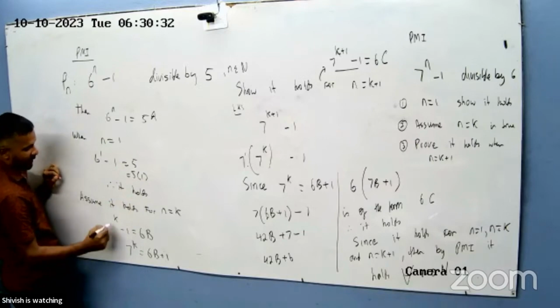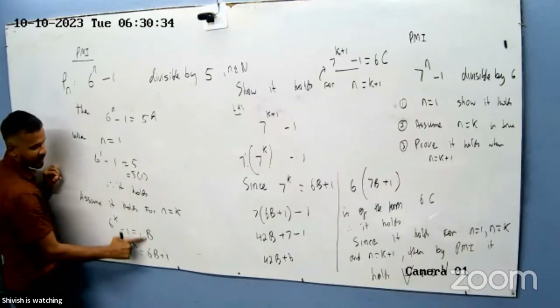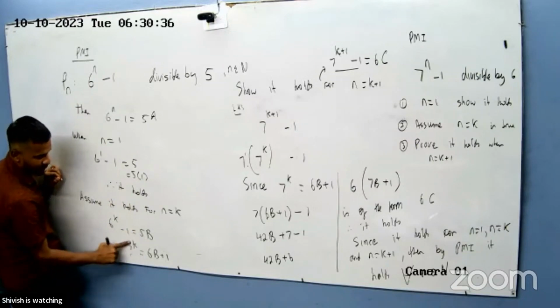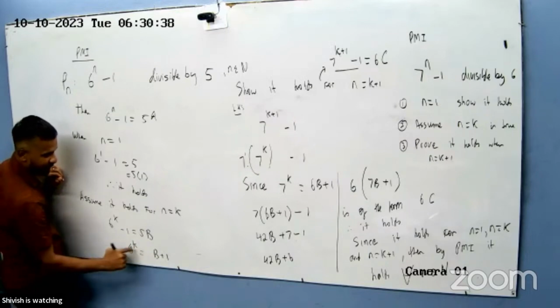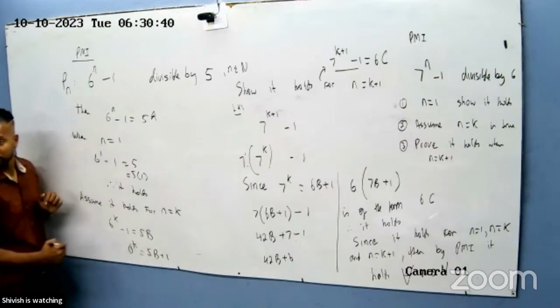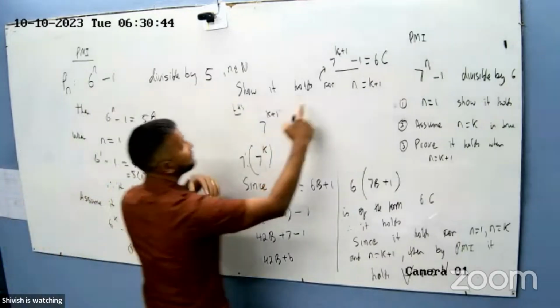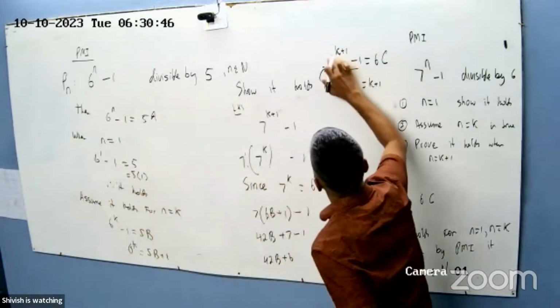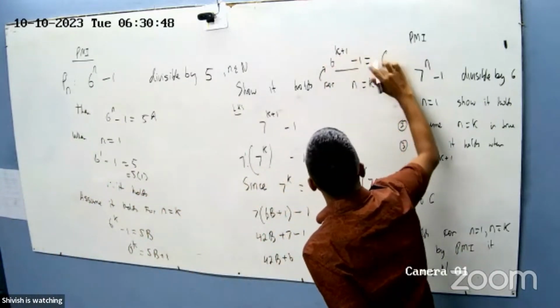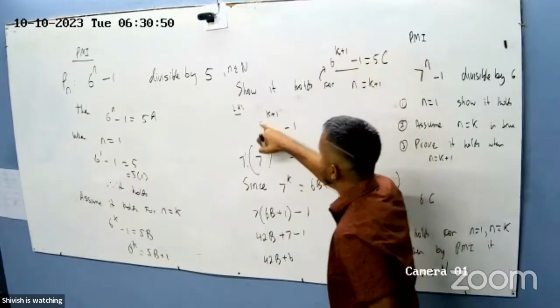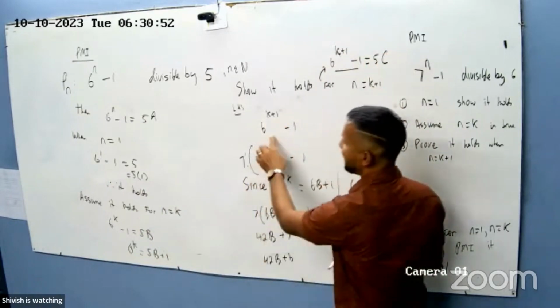Here we have 6 to the k minus 1 is 5b, so 6 to the k is equal to 5b plus 1. We have to change this to 6 and change this to 5, and we do the same thing.